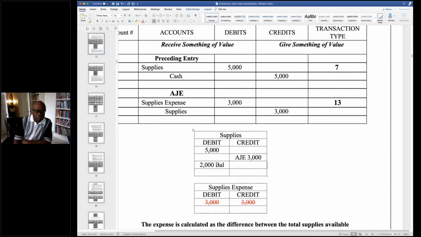So when we do the balance sheet, 2,000 in supplies will appear. And when we do the income statement, there will be a supplies expense of $3,000. You must have your accounts in order on that trial balance, and with your accounts in order, you don't move your accounts around.